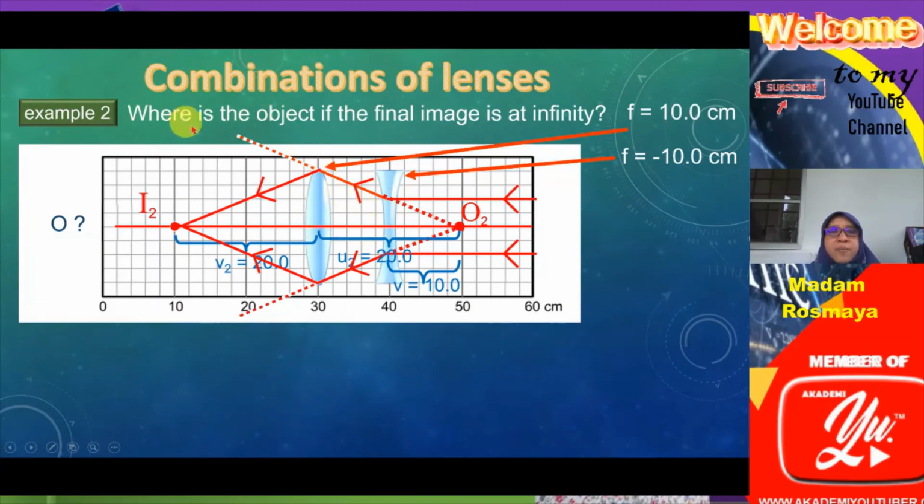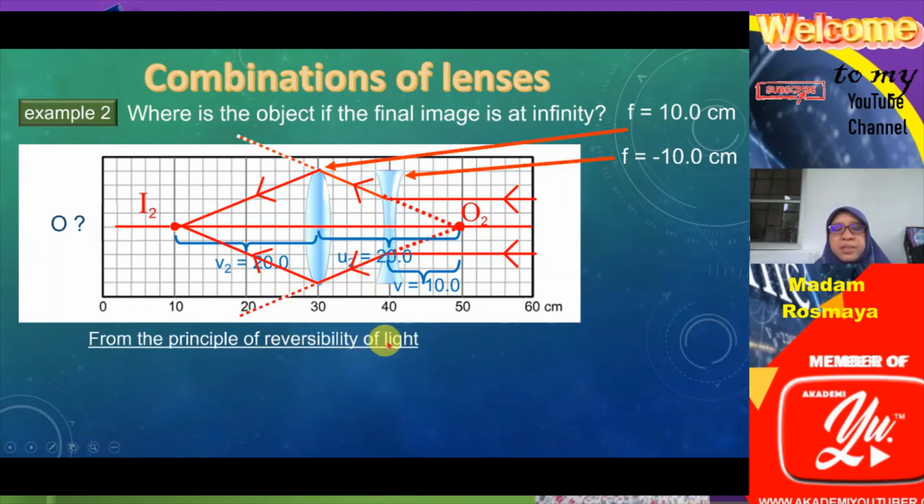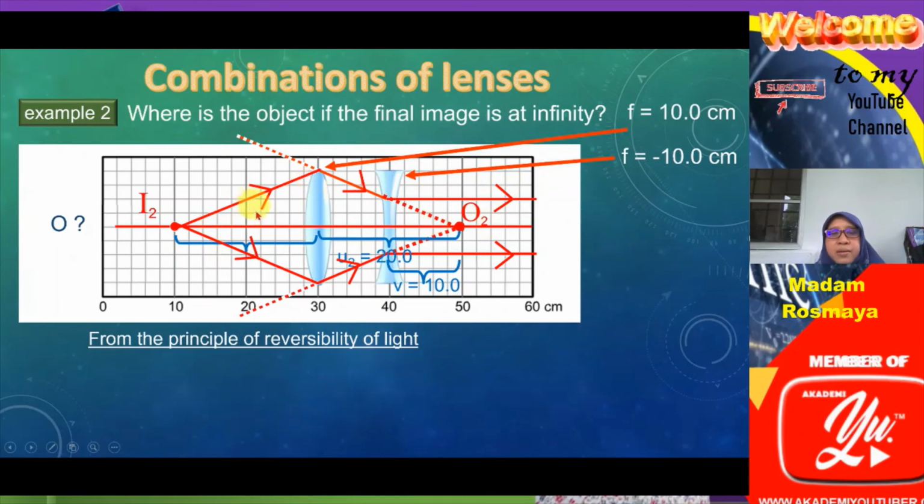Okay, now go back to the question. We want to know where the object is if the final image is at infinity. So again, we use the principle of reversibility of light. We just change the direction of the arrow here, and the ray diagram will follow the same path.